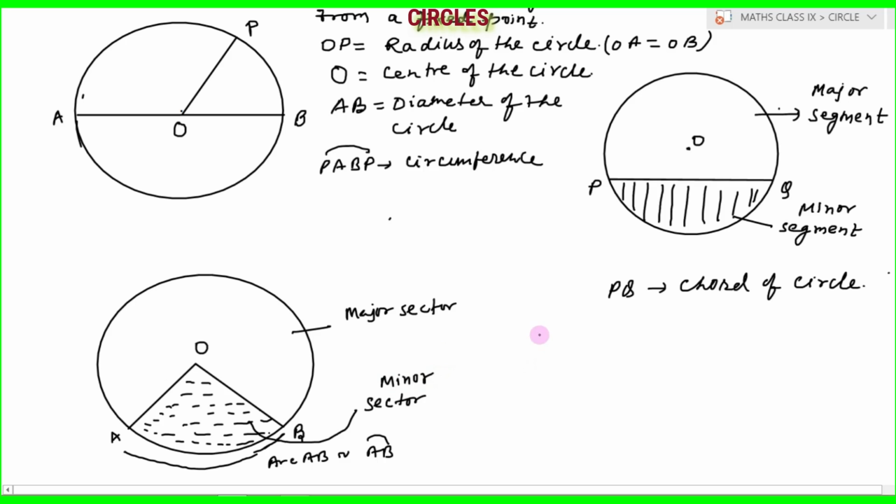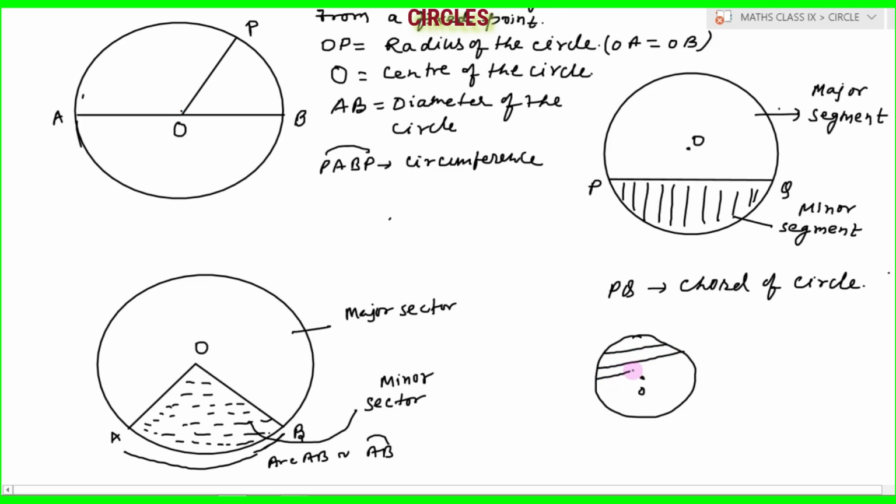Okay, these are all new points. Now, one more thing we can conclude in this figure. You find PQ is a chord. If you take a circle with center O, and draw a chord here, this is one chord. If we bring this chord towards the center, now this length is a little more, so it is a larger chord.